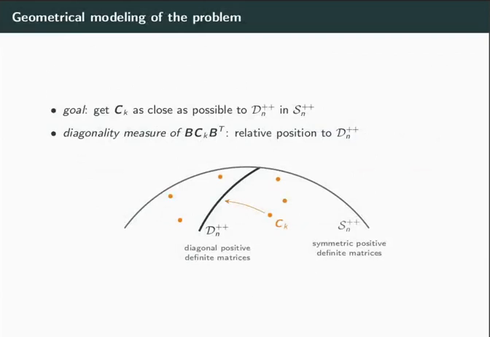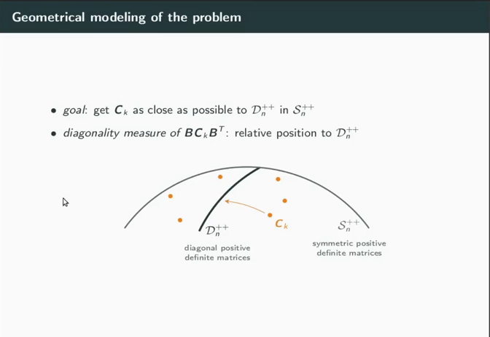Okay, so for approximate joint diagonalization, we can adopt some geometrical modeling of the problem. The goal of diagonalizing the matrices C_k with B as much as possible can be seen as getting the matrices C_k as close as possible to the set of diagonal positive definite matrices.